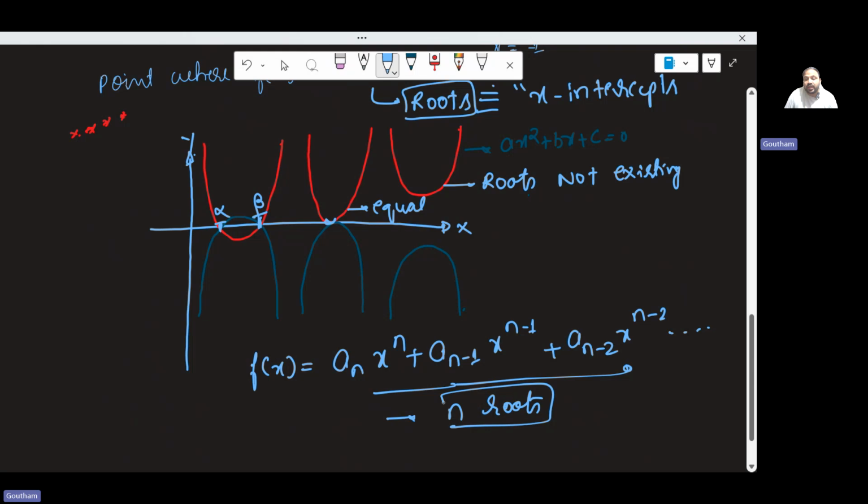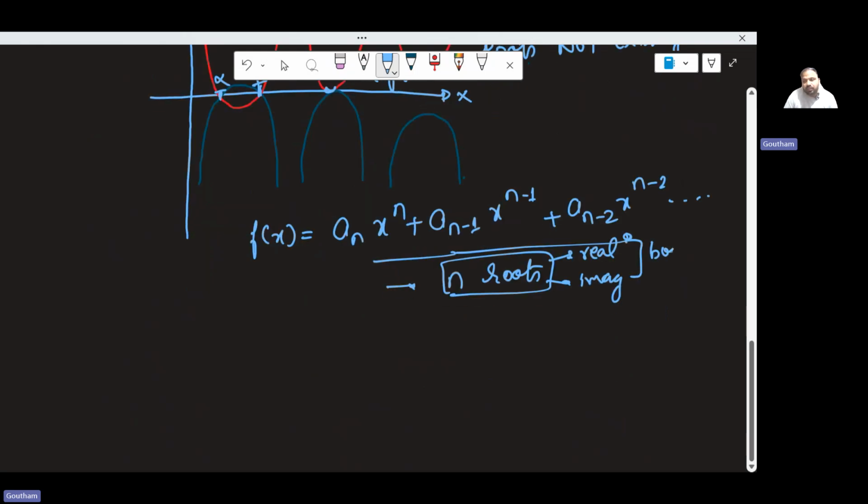It can be real, it can be imaginary. We will discuss imaginary as we go further. And it can be both as well. Say if it has 5 roots, three can be real, two can be imaginary.